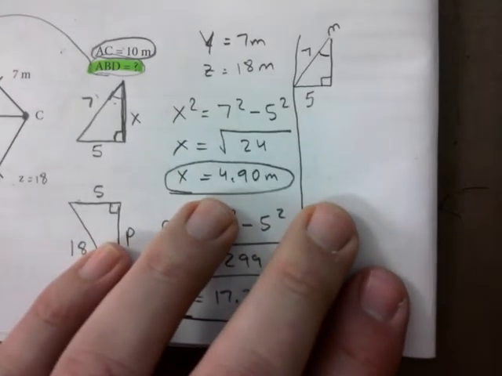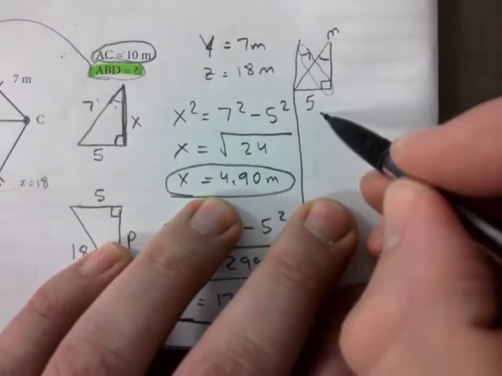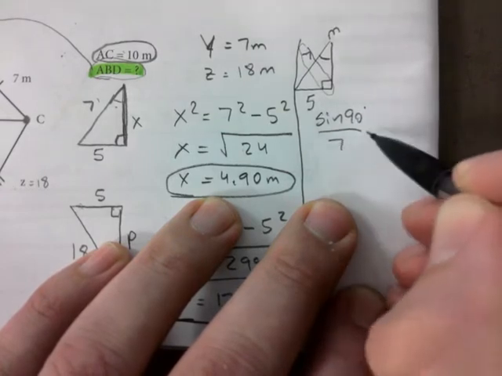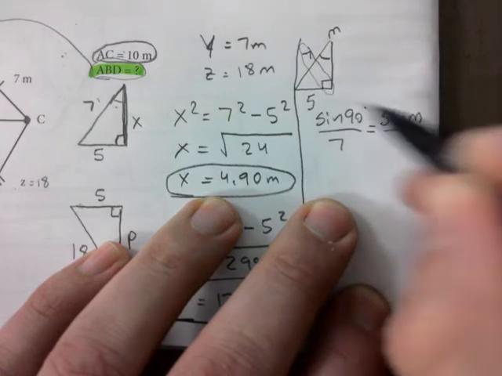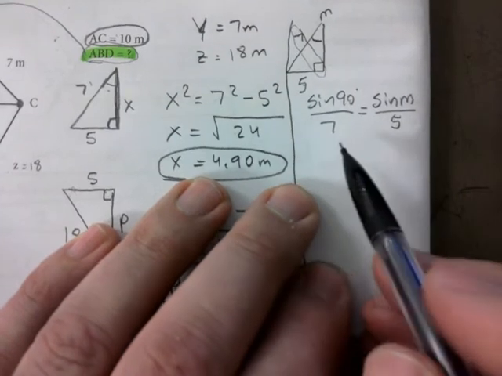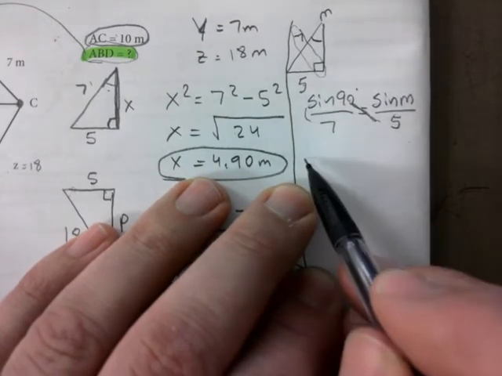So here's sine law review. You need a pair, okay? So sine of 90 over 7 is equal to sine of m over 5. So you cross multiply right this way and divide.